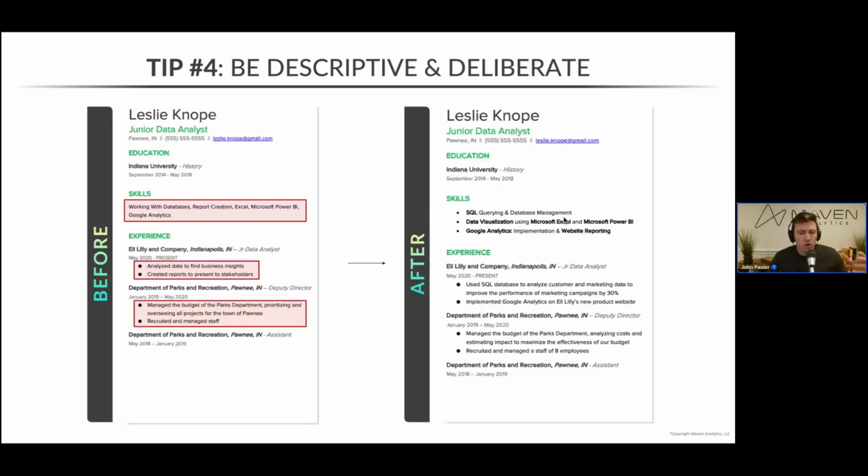So it's a little more recognizable. People go, oh, SQL, yep, we've got that. Data visualization with Microsoft Excel and Power BI. So now it's talking about data visualization as a skill, which wasn't in there before. And then we talk about Google Analytics and specifically what they did, the implementation and the website reporting. So that's just one of the examples.